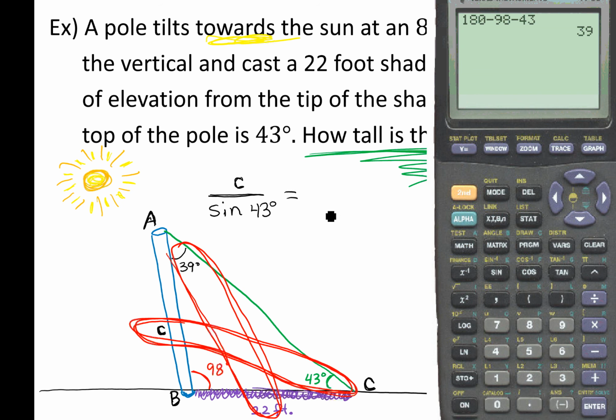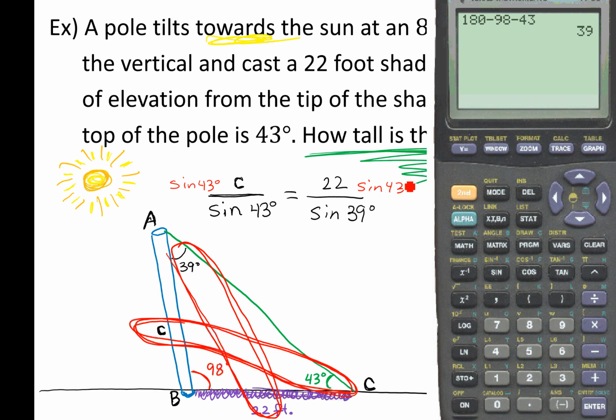And that's going to be equal to side A, in this case 22, over the sine of 39 degrees. And from there, you're just going to solve for C. You're going to solve that by multiplying both sides by sine of 43 degrees.